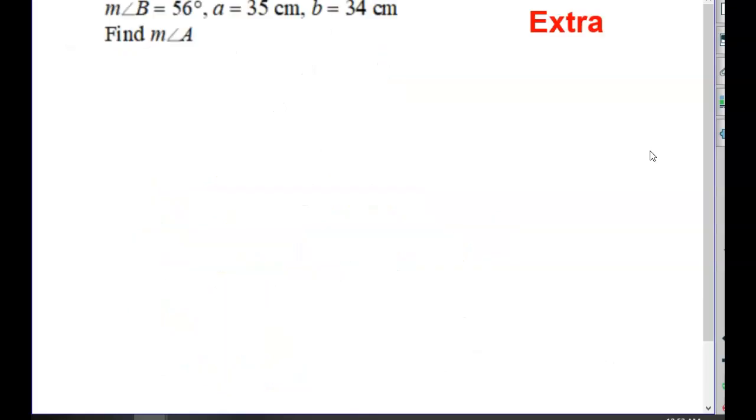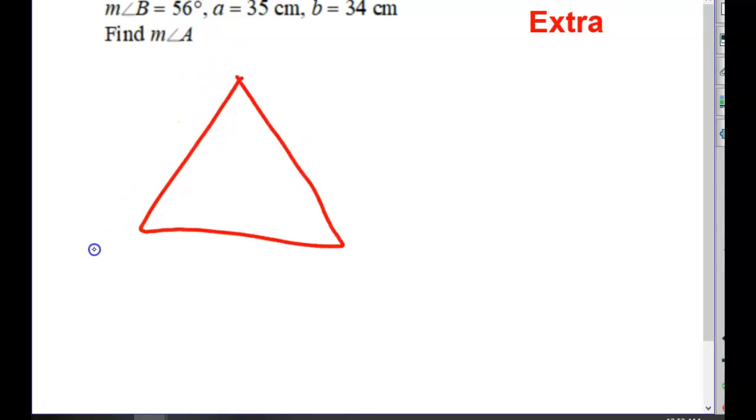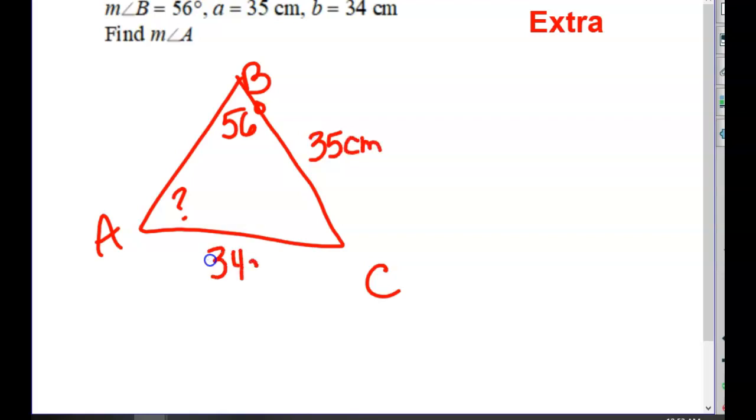All right, I have an extra, and I have an extra on purpose. I found an extra where you might have two solutions. Triangle ABC, they want us to find angle A. If angle B is 56 degrees, side A is 35 centimeters, side B is 34 centimeters. How would we set this up?